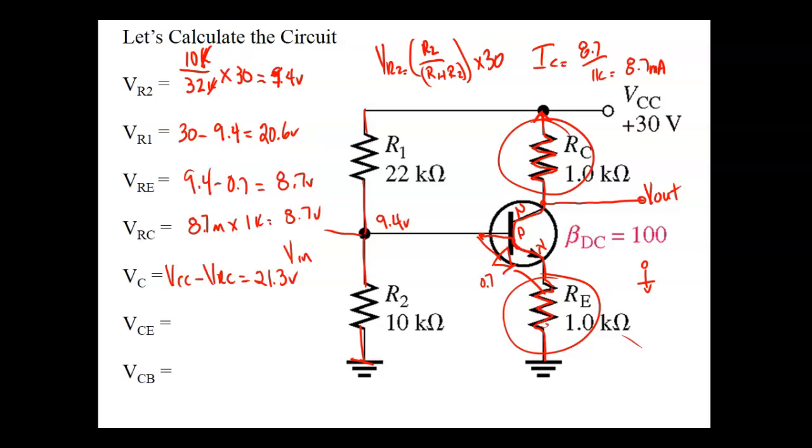So, voltage collector to emitter. We're going to take the voltage on the collector, 21.3, and subtract from that the voltage on the emitter. What's on the emitter? 8.7 volts.